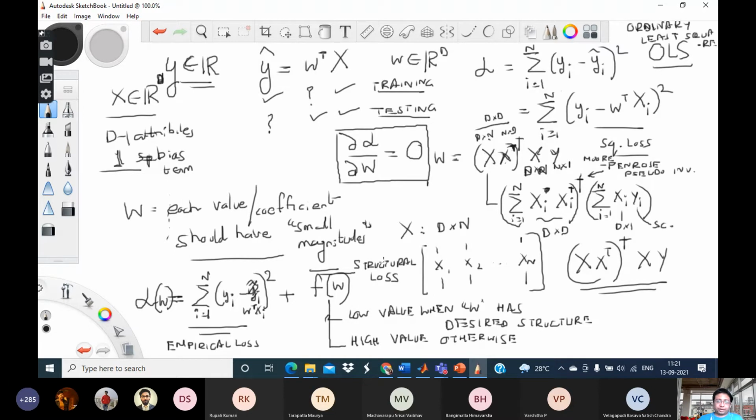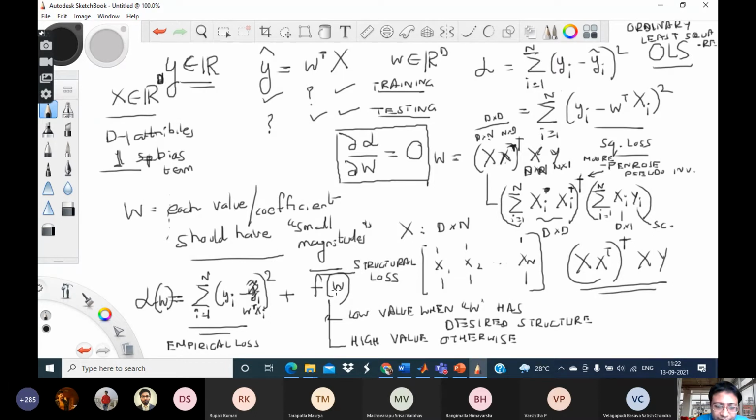Empirical loss means this part of the loss function measures how good the fit is on the data, and this part measures how good the structure of W is, whether W has the desired structure or not.